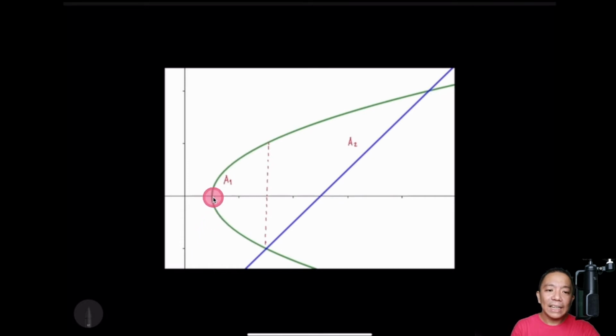Siguro kailangan lang natin din i-point out na if ever nakukuha tayo ng integral sa region na to, we will need to know yung x-coordinate ng vertex kasi dyan magsa-start yung integral papunta dito sa x value dito, which is na makukuha natin pag kinuha natin yung intersection. But that's only setting up the interval kung saan tayo kukuha ng definite integral. Paano yung upper function at yung lower function in this case?